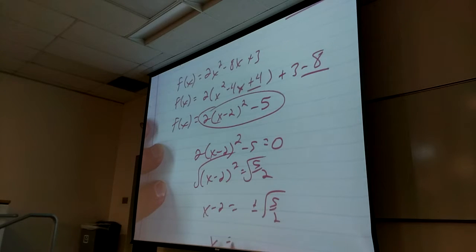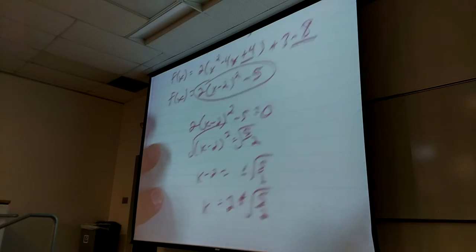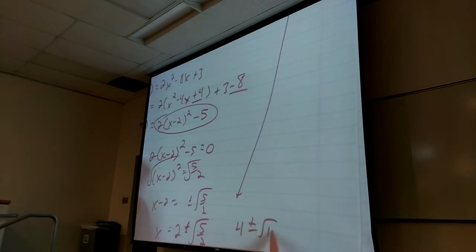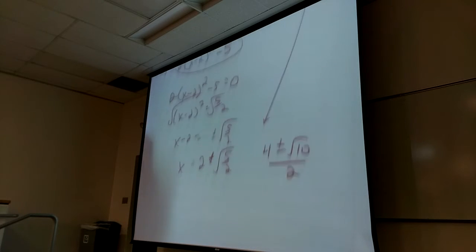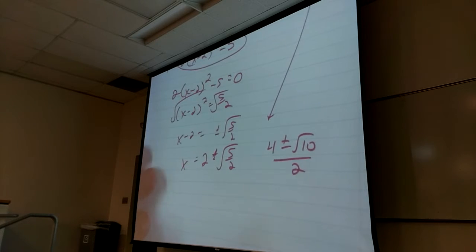Add 2, so I get 2 plus or minus rad 5 over 2. Now, are these the same? Yes, they are.